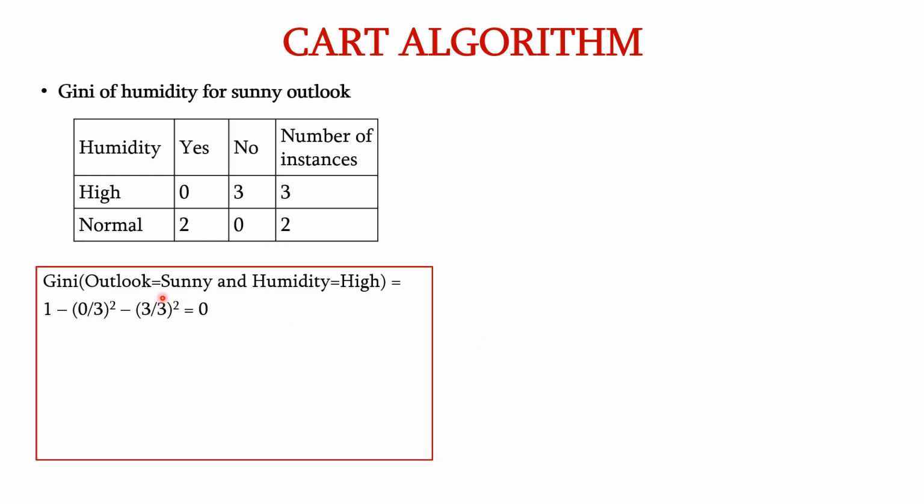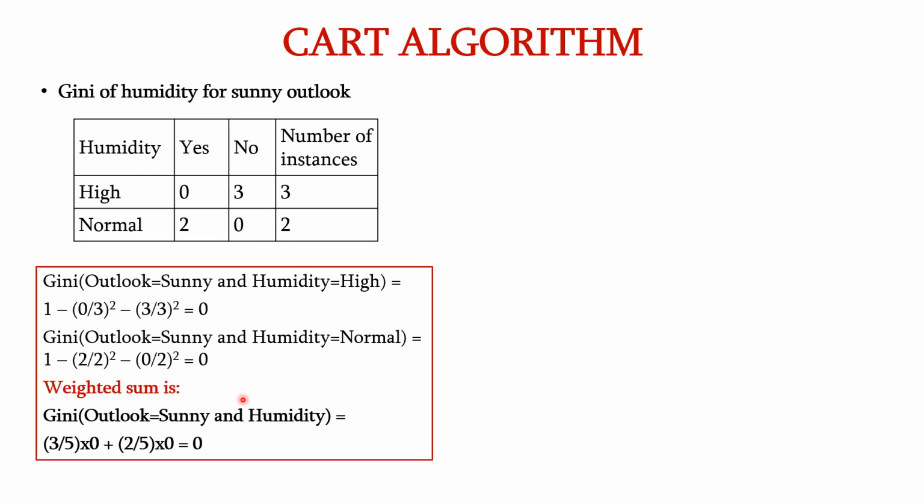So Gini of outlook equal to sunny and humidity equal to high is 1 minus the number of yes instances, 0, divided by the total number of instances, 3, whole square, minus for no it is 3 by 3 whole square, and the final value is 0. Next for normal it is 1 minus 2 by 2 whole square minus 0 by 2 whole square, it is 0. So we have to find the weighted sum.